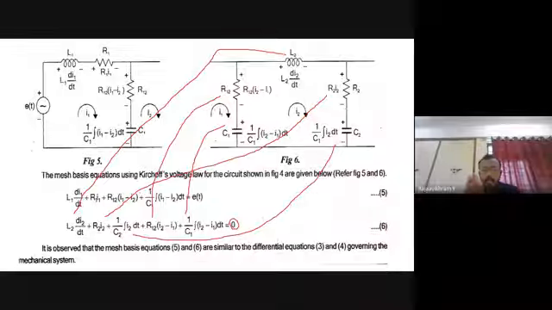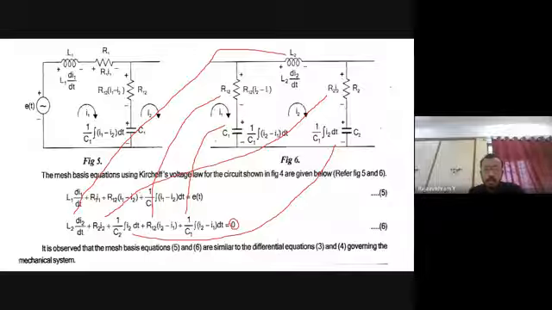How will you do circuit theory? You have to find out which is the input source. The input is a voltage source, and this input voltage source is equivalent to the voltage drop across each element in the circuit. In the first circuit, the applied voltage is E of t. In the second circuit, there is no applied voltage, so it is 0.